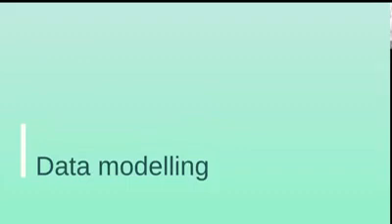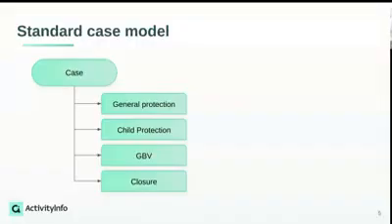So let's first talk a little bit about data modeling. What I mean by that is, what is the information that we need to support our caseworkers, and how do we structure the relationships between those pieces of information?